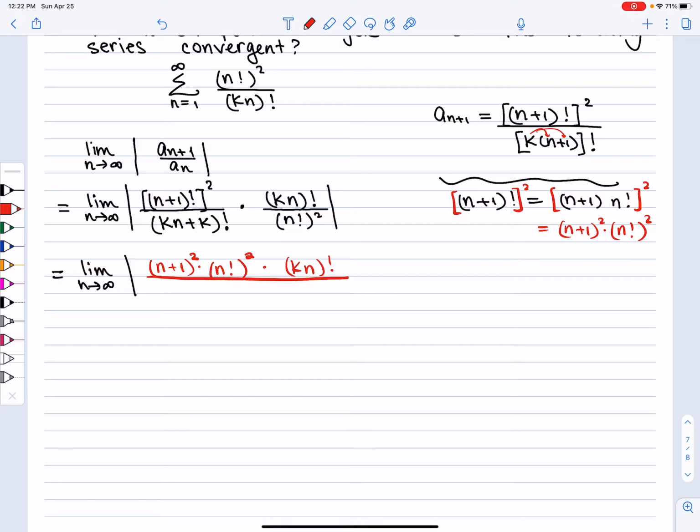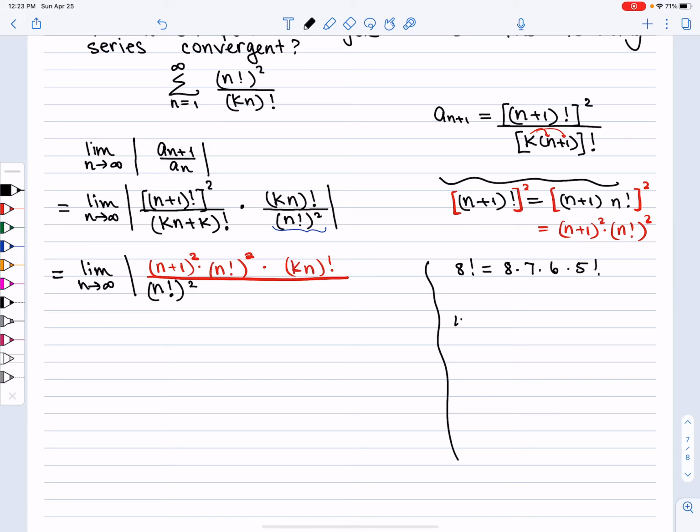okay, we're going to be careful here. The n factorial to the second power, I'm going to keep n factorial squared. And then let's talk about kn plus k factorial. If you have 8 factorial, then this is really equal to, let's say, 8 times 7 times 6 times 5 factorial.